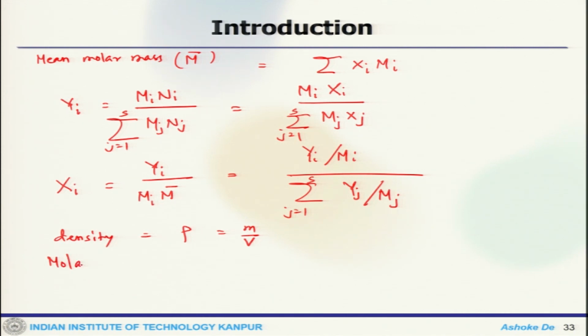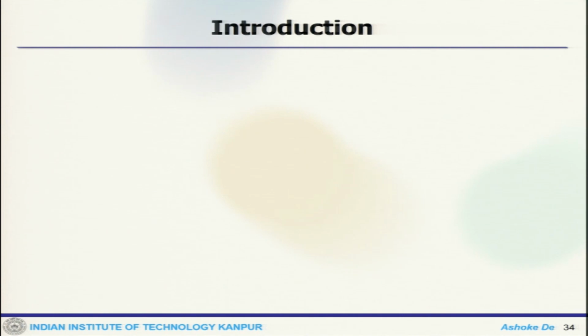Then you have molar density, C equals N by V, that means the unit is kilomole per meter cube. So, mean molar mass one can estimate as m by n equals rho by C.